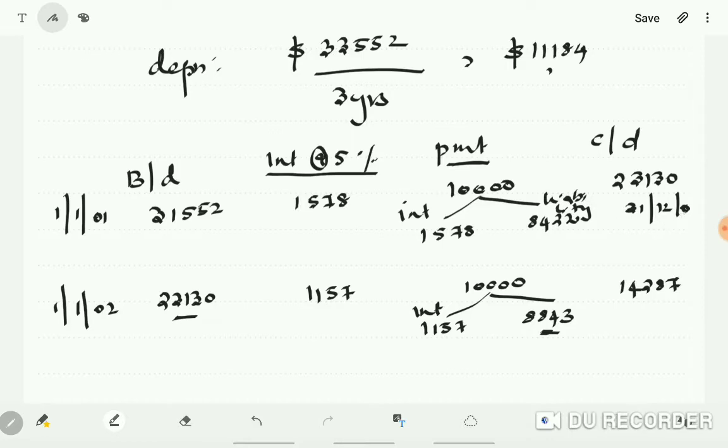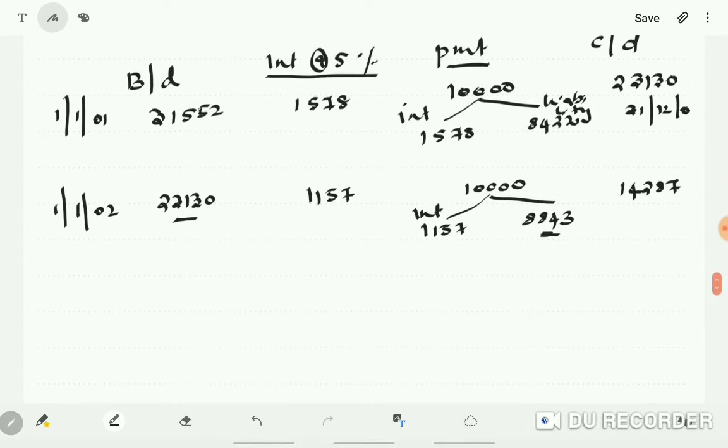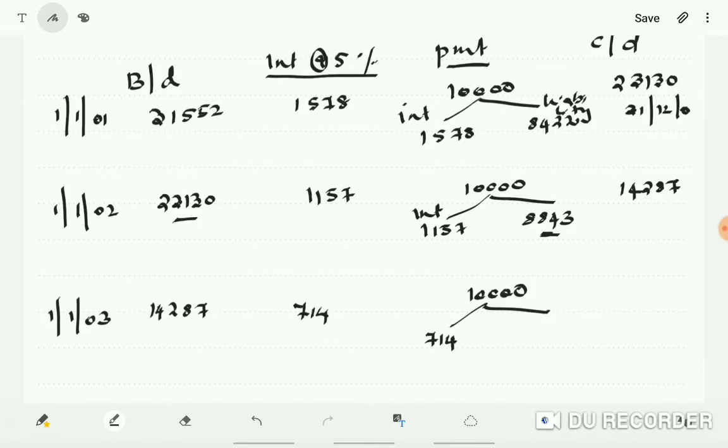We were asked to do only up to 31st December 2000, but I'll also do one more year and complete the table, because the overall lease term is only 3 years. 14,287 into 5% will be 714. The payment is again 10,000, and 714 is for interest. In the third year the payment is not 10,000, it is 15,000.